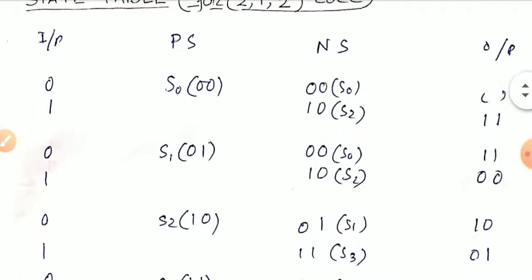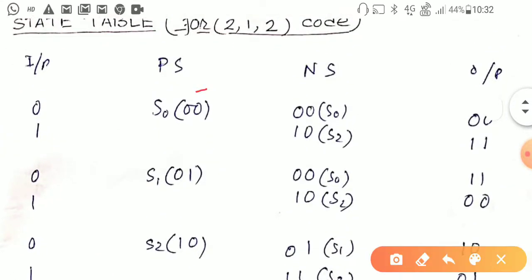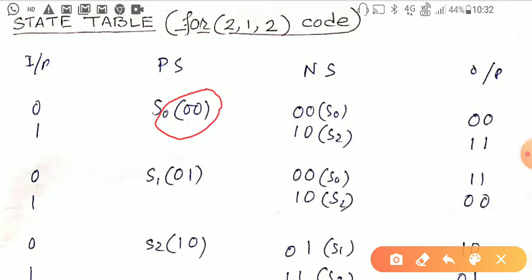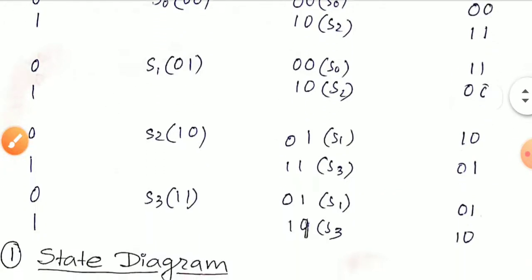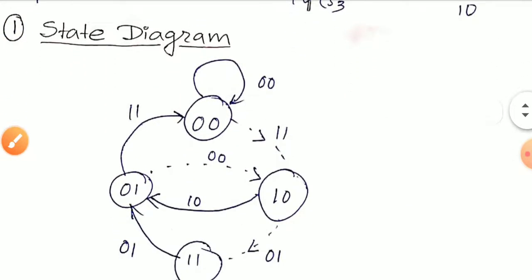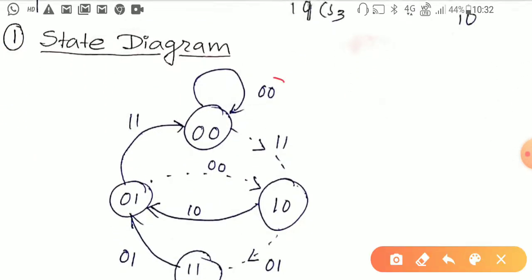Here, when the present state value is 0 0, the next state comes back to the same position, and the output value is 0 0, which is written on this branch. When we apply the input 1 for the present state 0 0, the next state value changes to 1 0, and the output comes as 1 1.